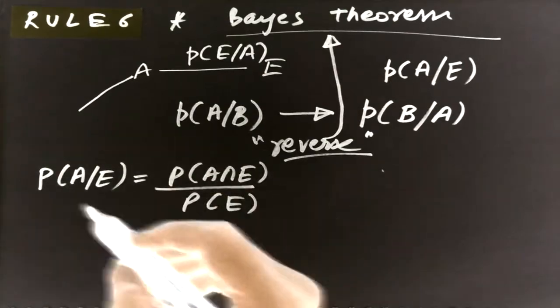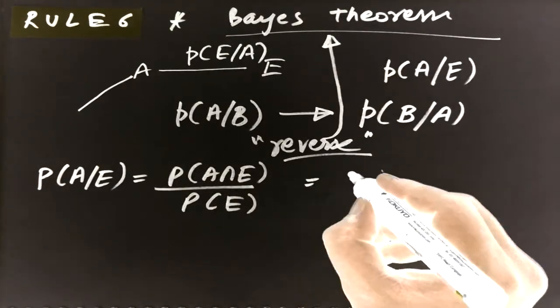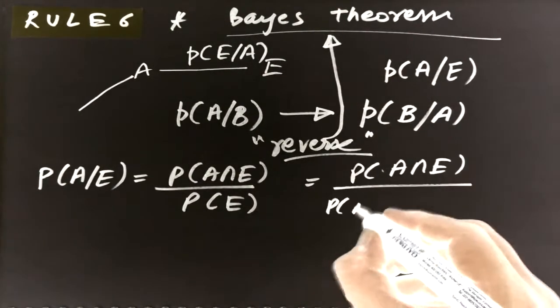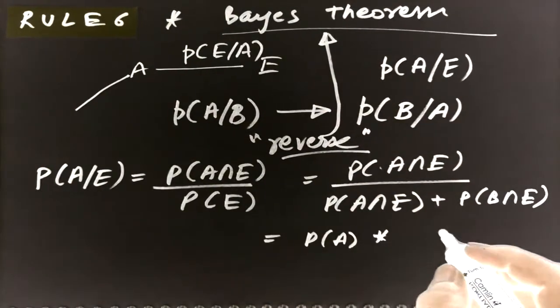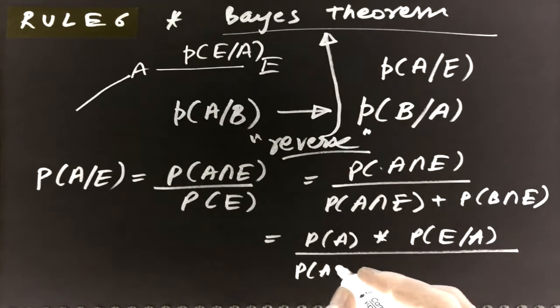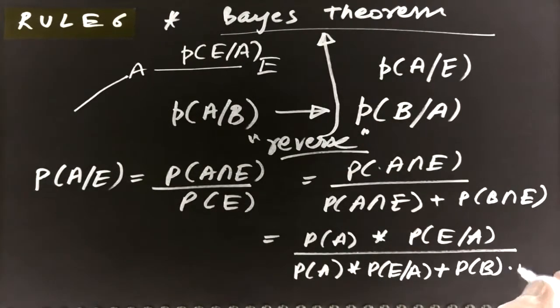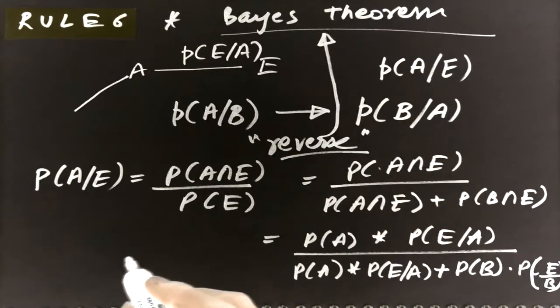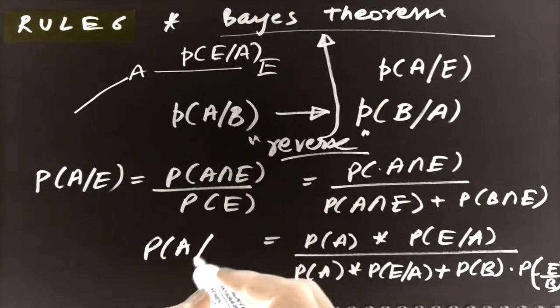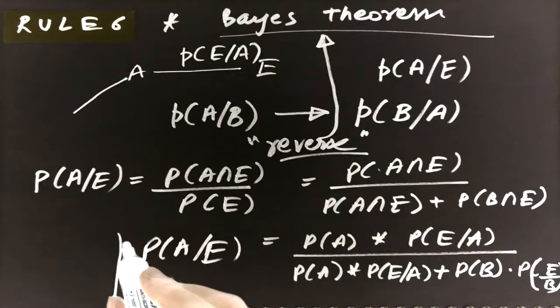We already know this formula. This can be written as P multiplied. So this will be the formula, P of A upon E.